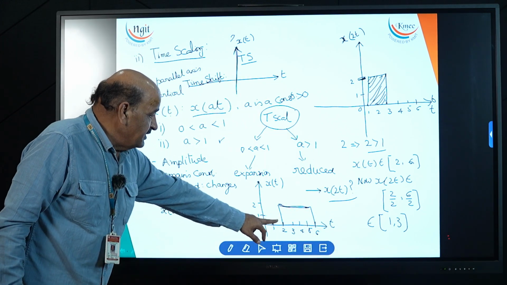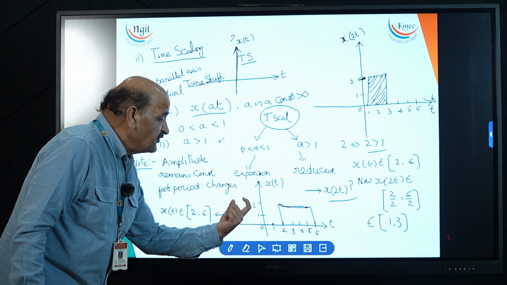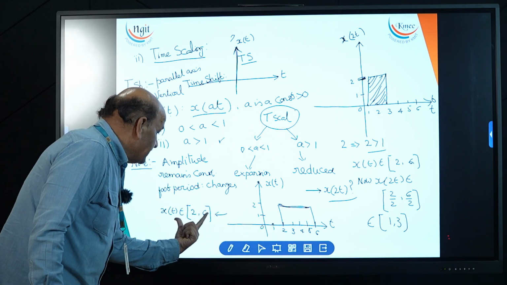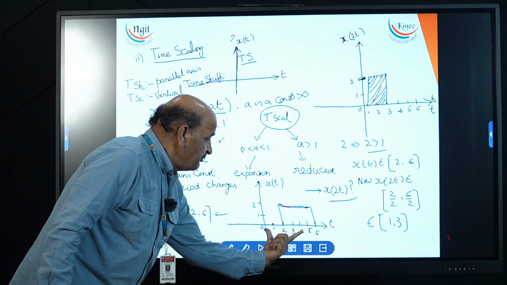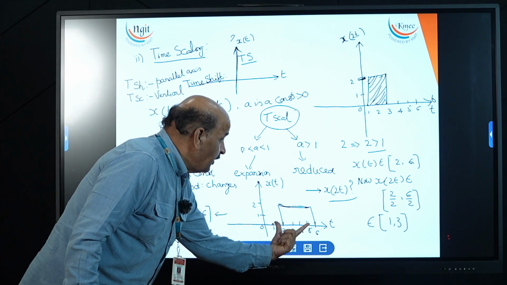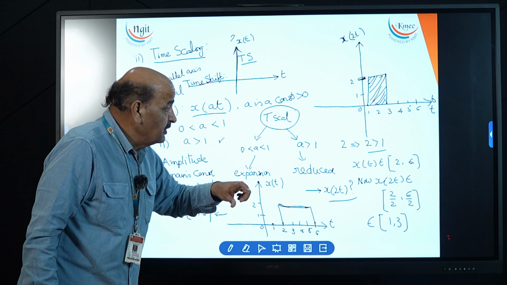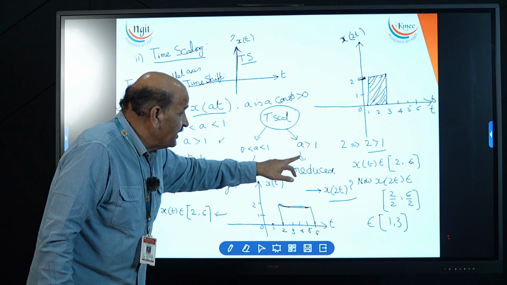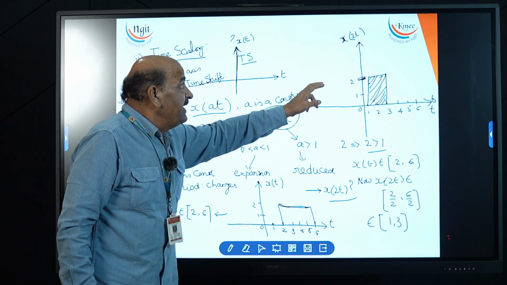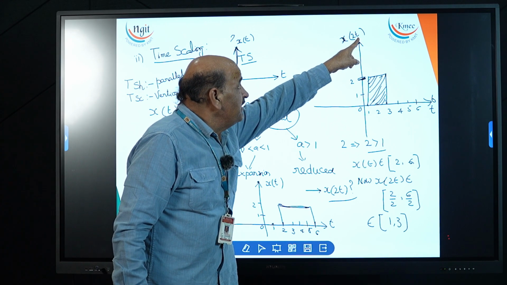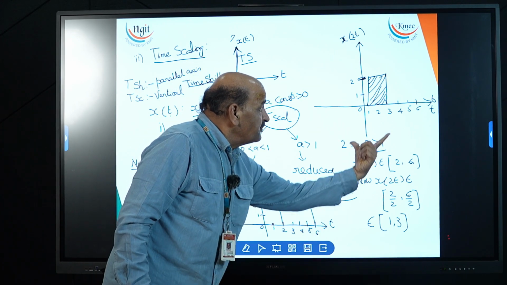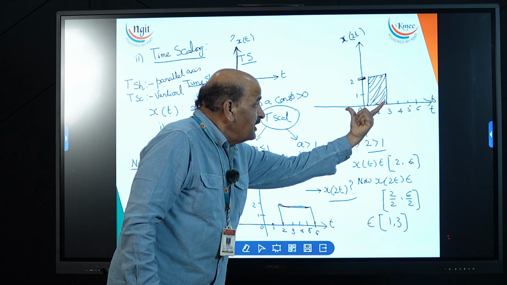Now just look at, this is the previous signal. What is width of the signal? Width of the signal is from 2 to 6. It was a big range, 2 to 6 only. Now because a numerical value that is greater than 1 is multiplied with time domain variable t, the signal graph will be reduced.